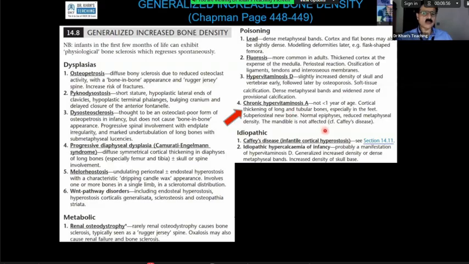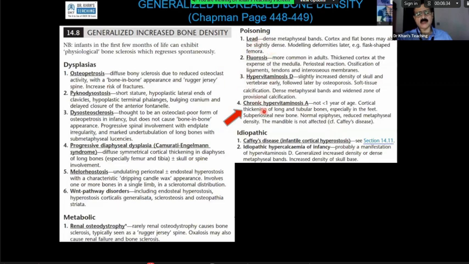One thing I want to highlight is that there are 4 poisonings: lead poisoning, fluorosis, hypervitaminosis D, and chronic hypervitaminosis A. We have not covered them and they are in the mandate for today, but I'll tell you the plan.